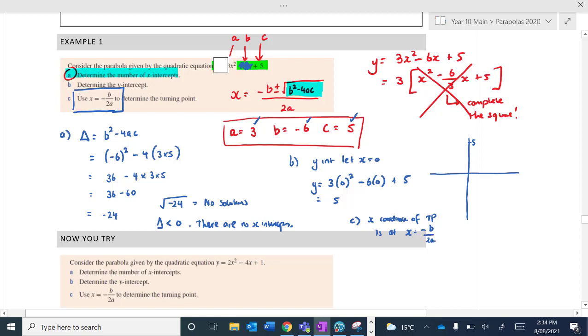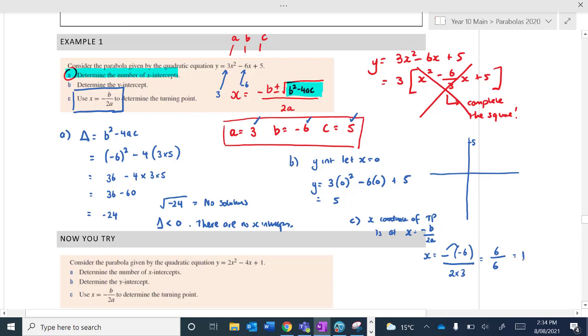If I go back to here, a is the coefficient of x squared, which is 3, and b is the coefficient of x, which is minus 6. So x is equal to minus b, which is minus, be careful, minus times minus 6, on 2a, which is 2 times 3. A negative times a negative is a positive, so it's positive 6 over 6, which is equal to 1.